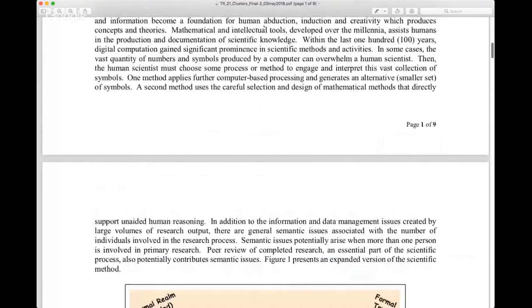One is you can use a computer-based system to reduce and create an alternate smaller set of symbols. In the clustering, information-based and object-based work that Mary and I do, that is one of the activities we do. We take a number of elements, and if they fit a certain criteria, we reduce them to one element. And that reduces the number.